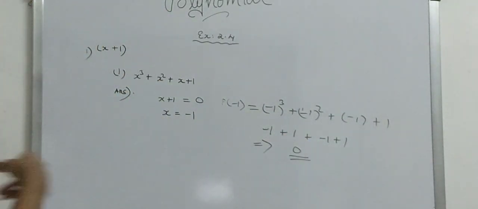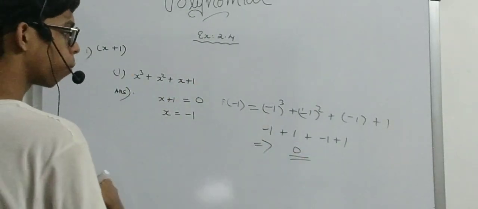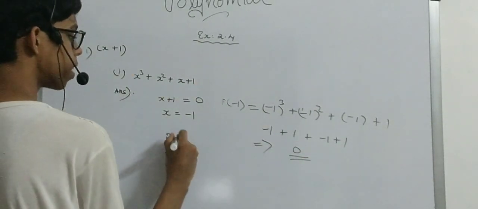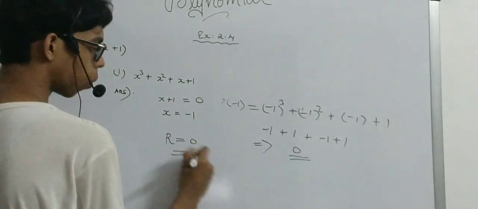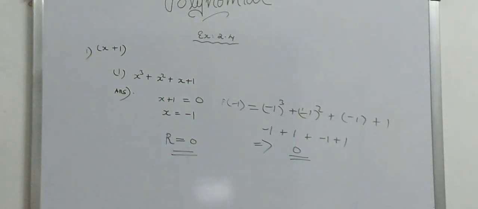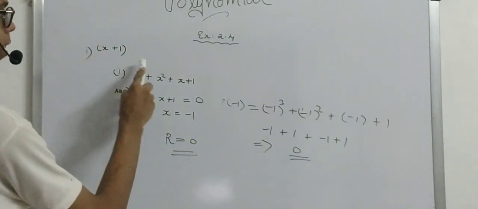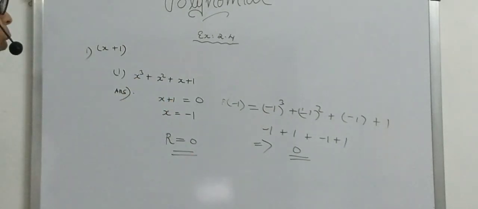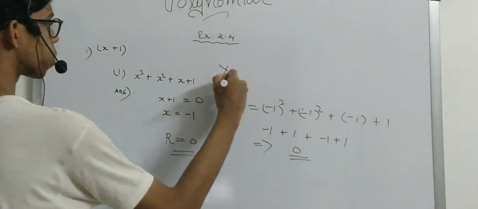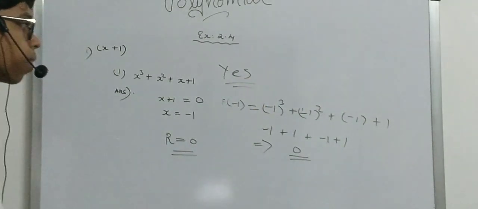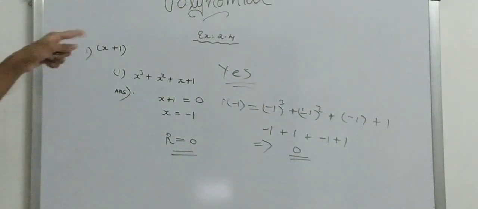So after substitution we got the value of the polynomial equal to 0, which means our remainder is equal to 0. So we can say that x plus 1 is a factor of x cube plus x square plus x plus 1. So x plus 1 is a factor of the polynomial.